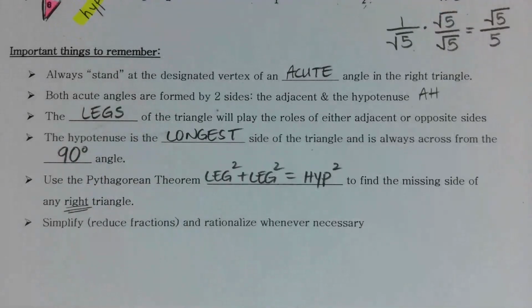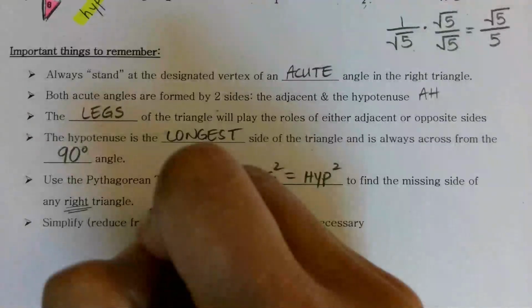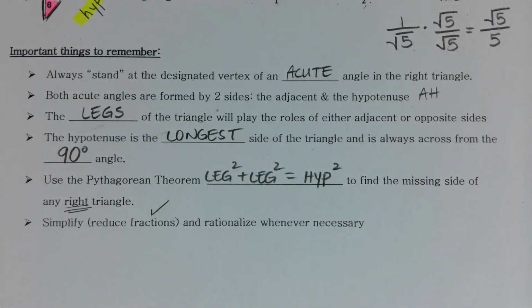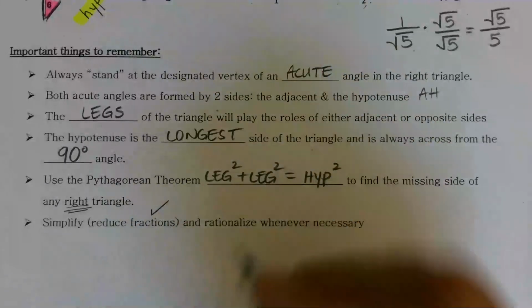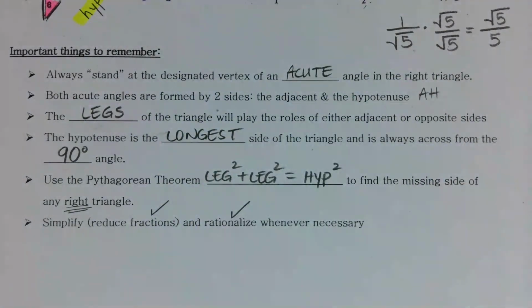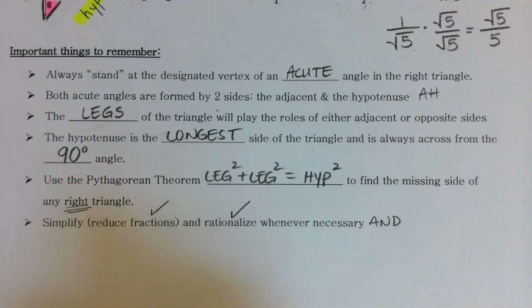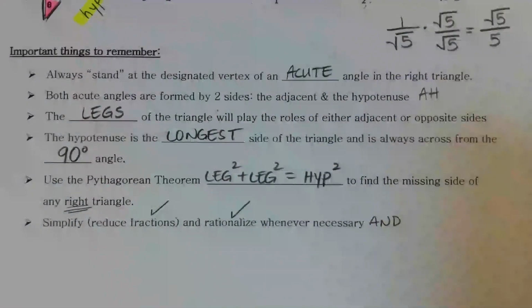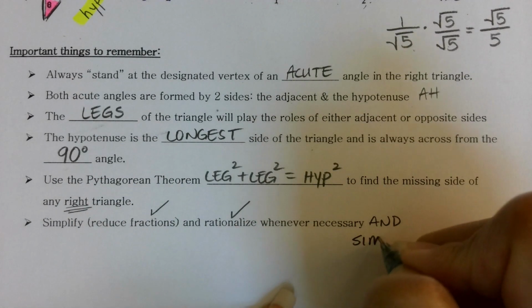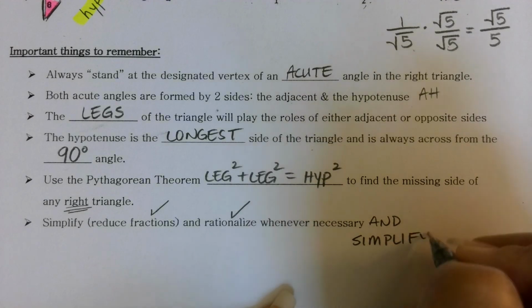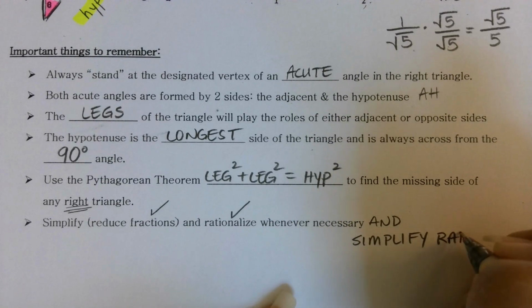Okay, you can only use that with a right triangle. So make sure you simplify by reducing fractions. Make sure you simplify by rationalizing. And I forgot to include this one in my notes. Make sure you simplify those radicals. Simplify radicals fully.